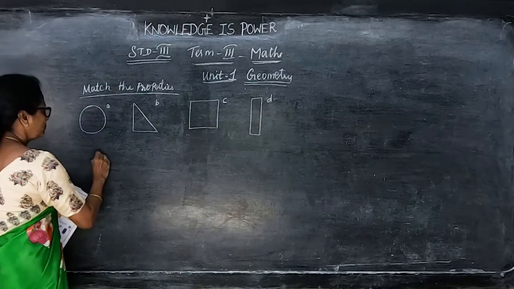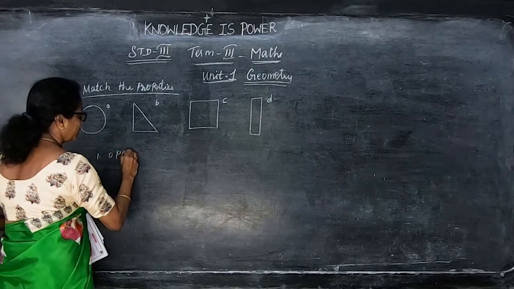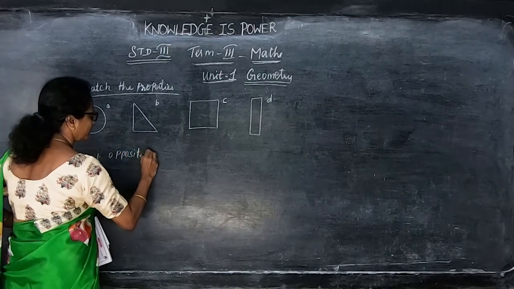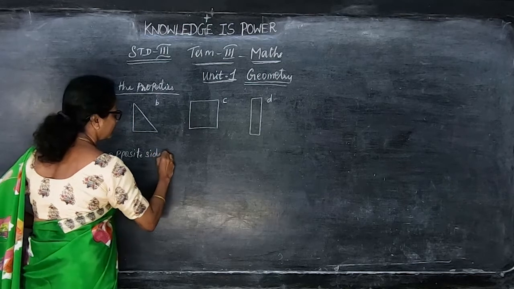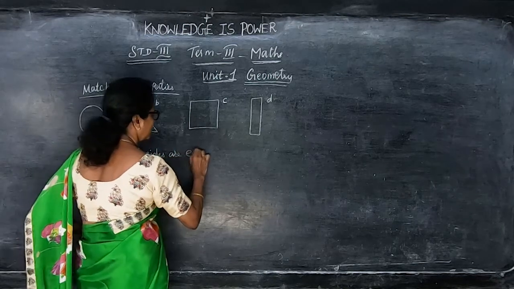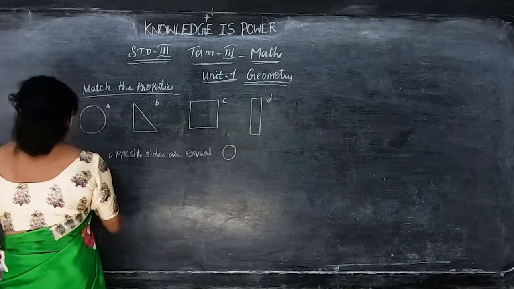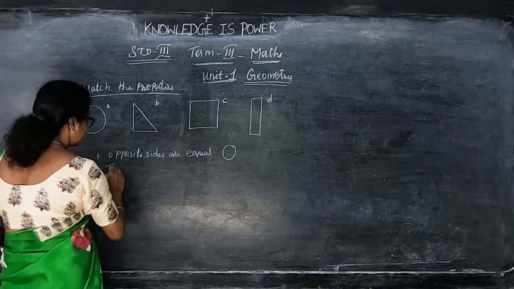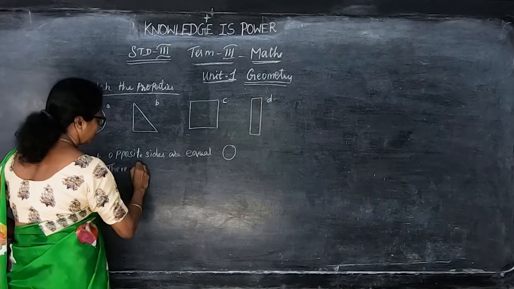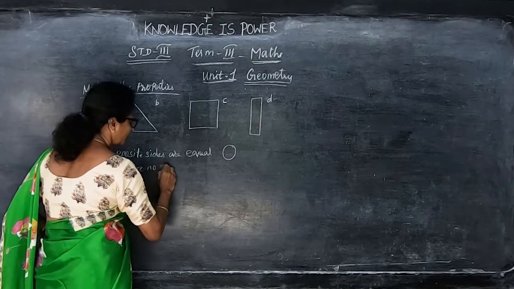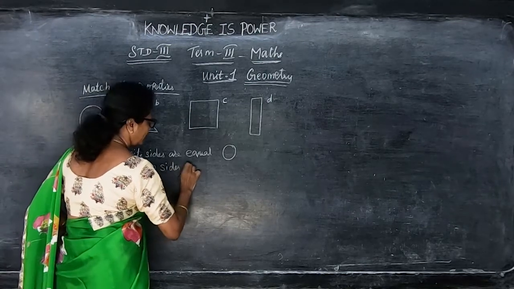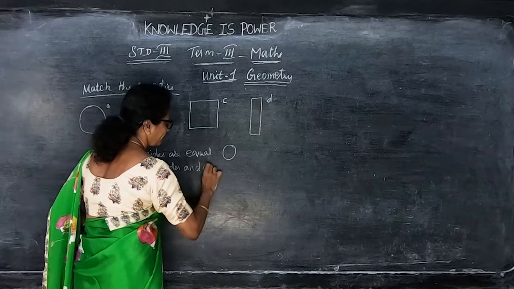And below they are given the properties. Opposite sides are equal. So which one is it? You have to write. Second one, there are no sides and corners.